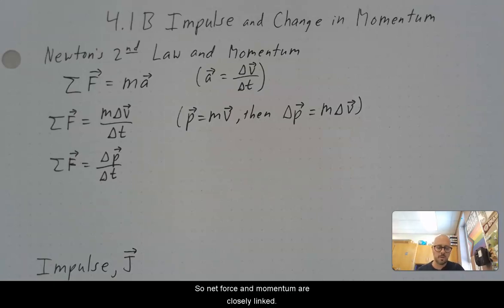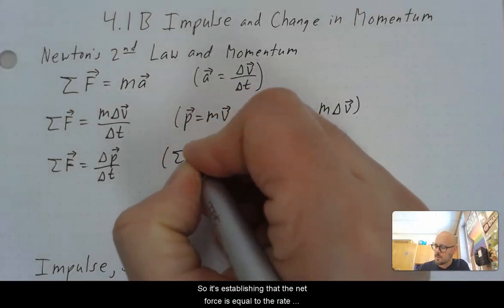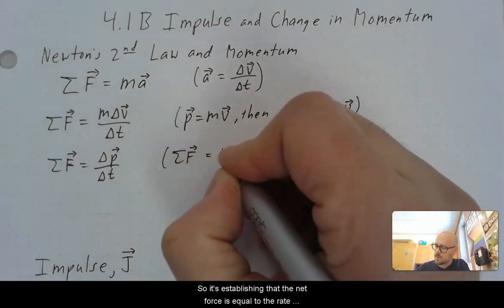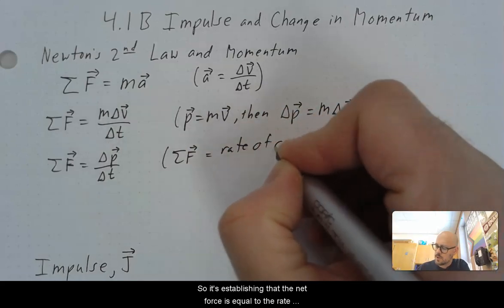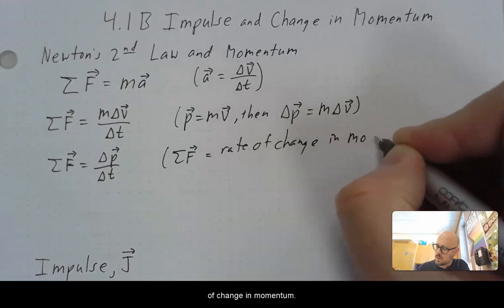So net force and momentum are closely linked. Basically, what this is saying is if you apply a force to a system, its momentum will change, which makes sense. So it's establishing that the net force is equal to the rate of change in momentum.